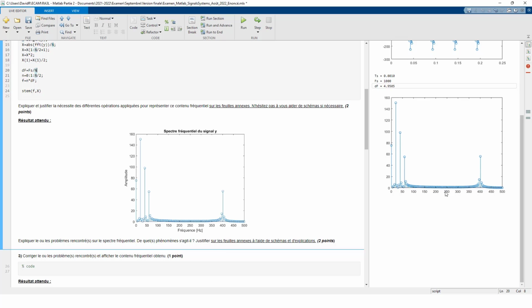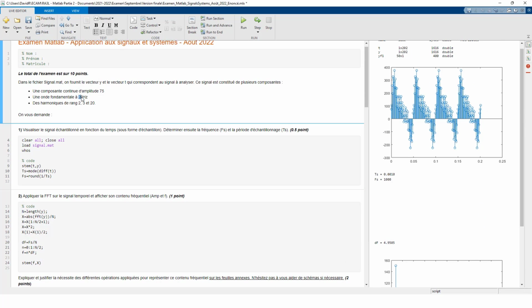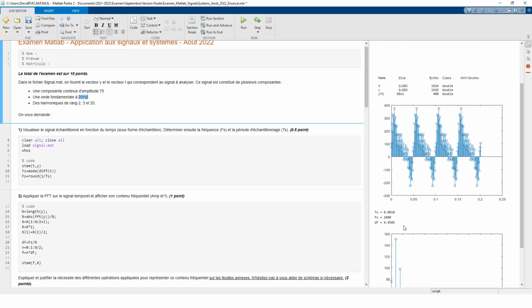Il est dû au fait que notre résolution fréquentielle ne va pas nous permettre de représenter exactement le contenu fréquentiel du signal, puisque avec la résolution fréquentielle de 4,95 Hz, on ne va pas pouvoir arriver tip-top sur 20 Hz, 40 Hz, 60 Hz et 400 Hz.